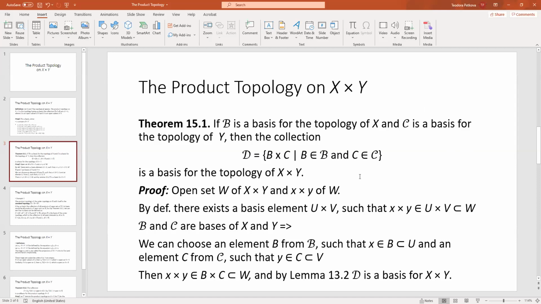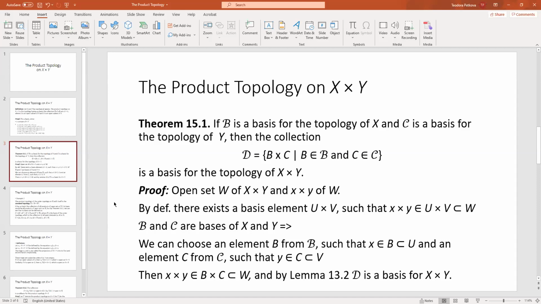So by the definition of the product topology, there exists a basis element U cross V, such that x cross y belongs to U cross V, and U cross V is a subset of W. So since B and C are bases of X and Y, we can choose an element B from big B such that x belongs to B, which is a subset of U, and an element C from big C such that y belongs to C, which is a subset of V, and little x cross little y belongs to B cross C, which is a subset of W, and by Lemma 13.2, D is the basis for X cross Y.